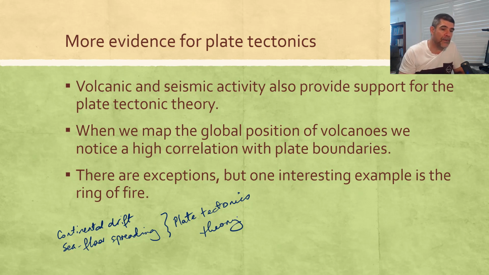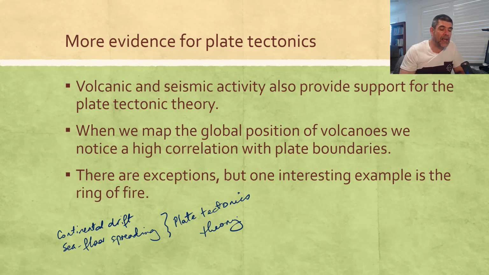But if you go back to one of the previous videos, or if you've got a map that you can quickly look at, you'll notice a very, very high level of correlation between the distribution of volcanoes and where different plate boundaries occur around the globe.